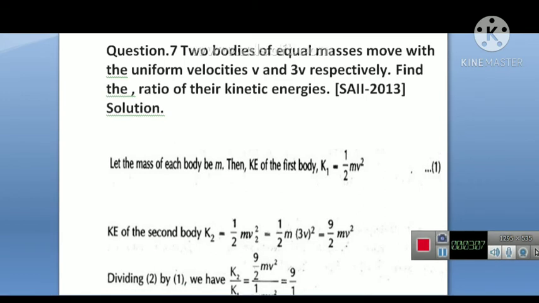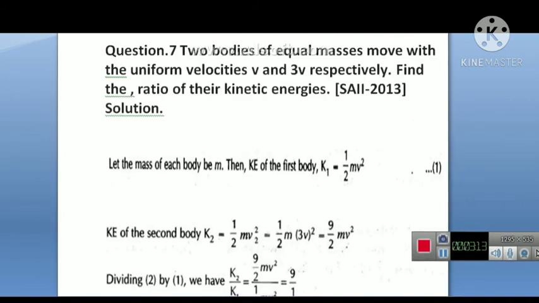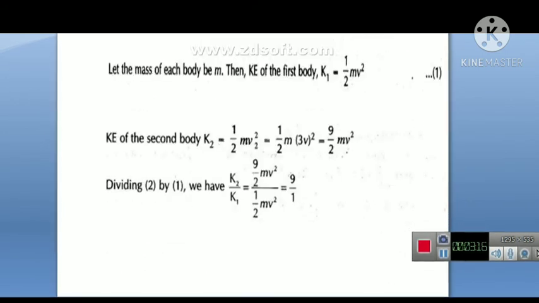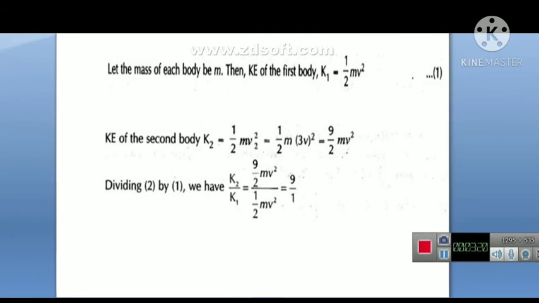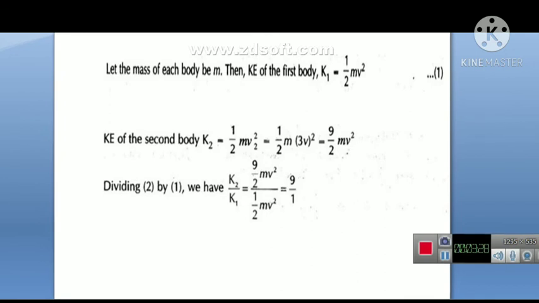So by taking the ratio of K1 to K2, means the ratio of their kinetic energy, we will take K2 upon K1. Then 1/2 and m will get cancelled because 1/2 is a common term, and masses of both bodies are the same.